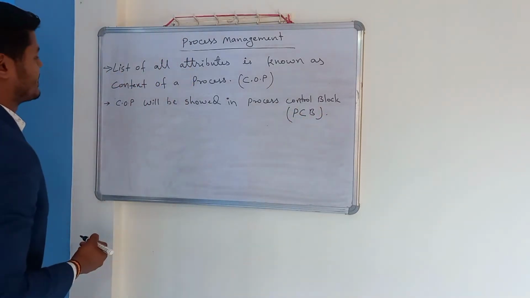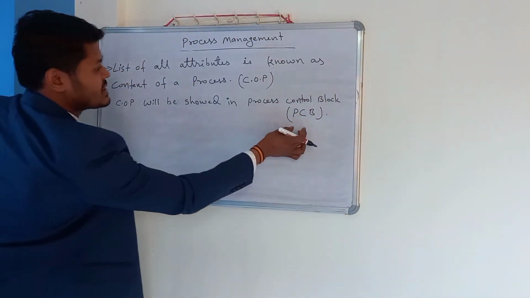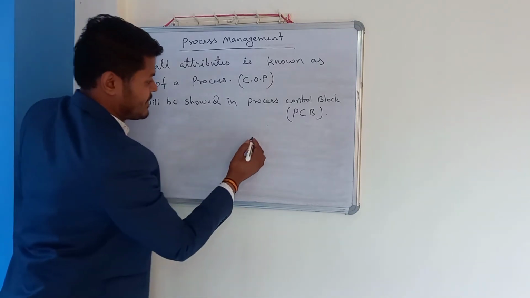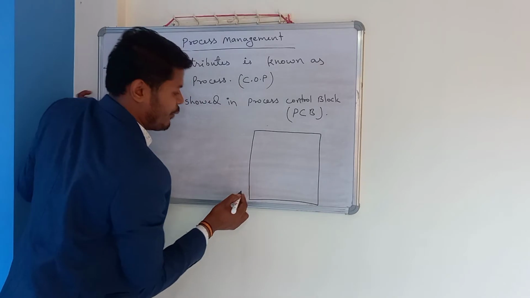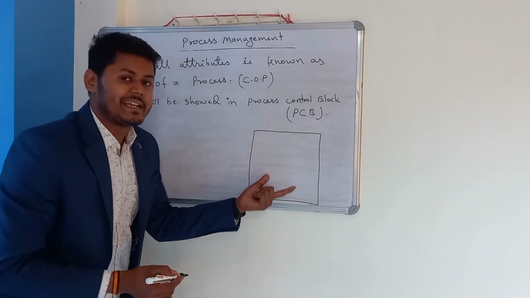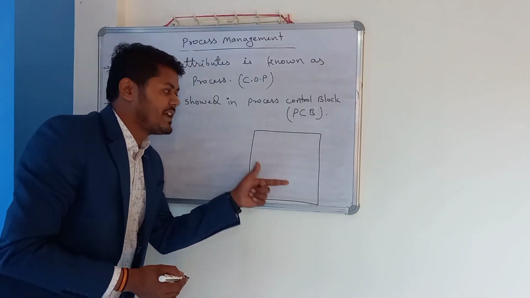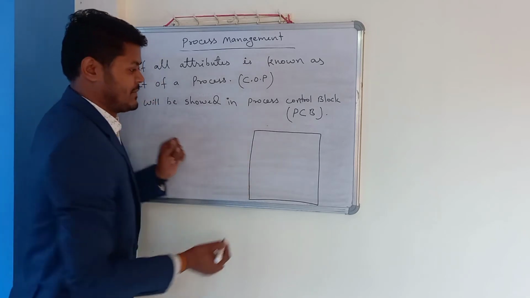What is a process control block? A process control block is a block where the operating system can get information of a particular process.